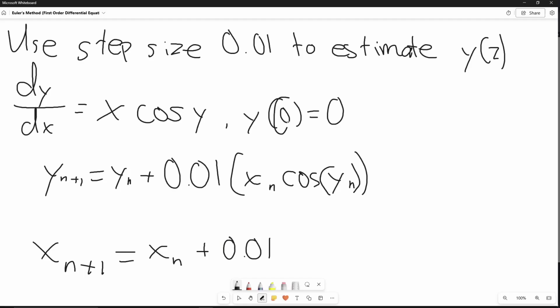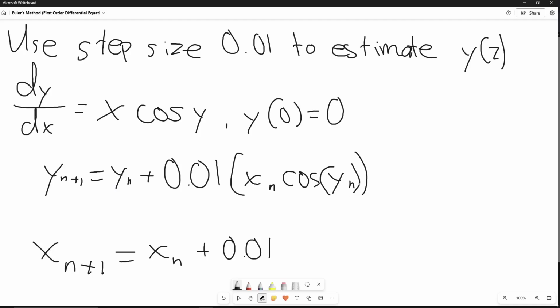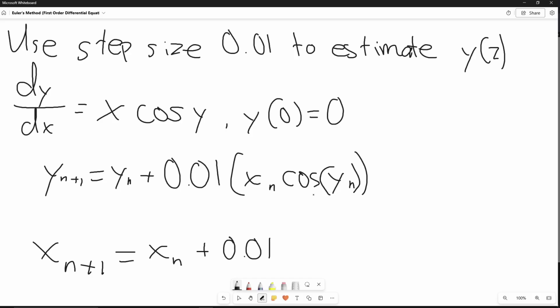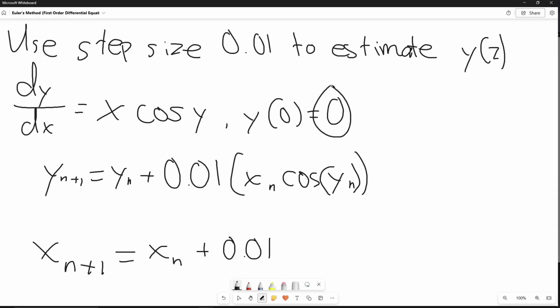Our initial value is 0. v of n plus 1 is v of n plus 0.01 times u of n, because that's our x, times cosine of y, which is v of n. And then our initial value for that is 0.